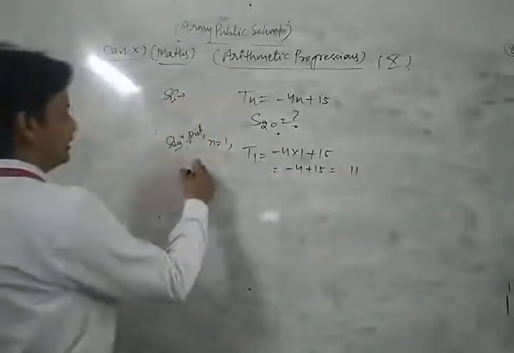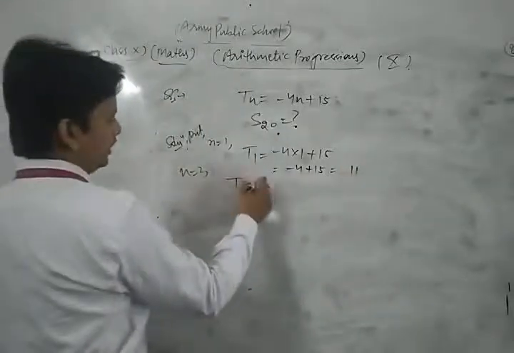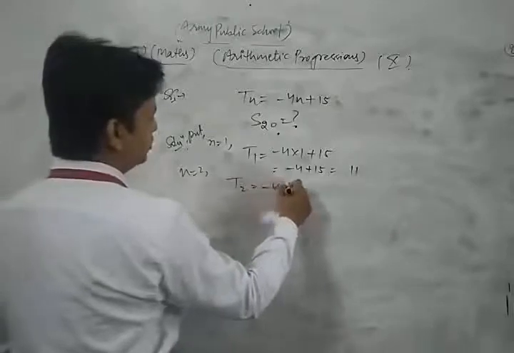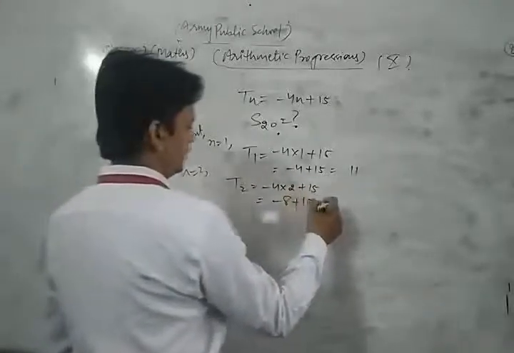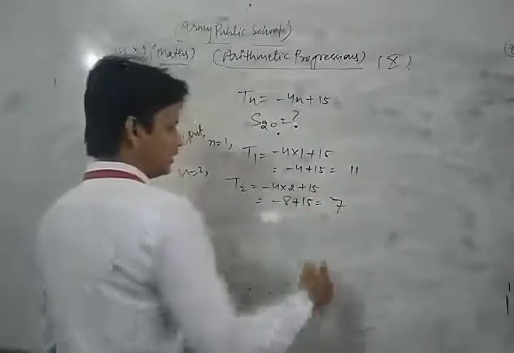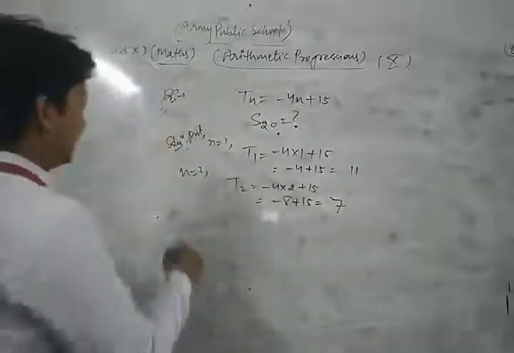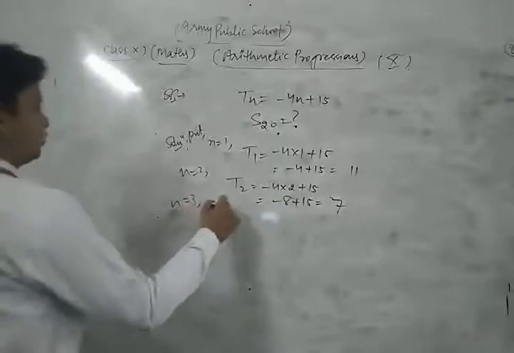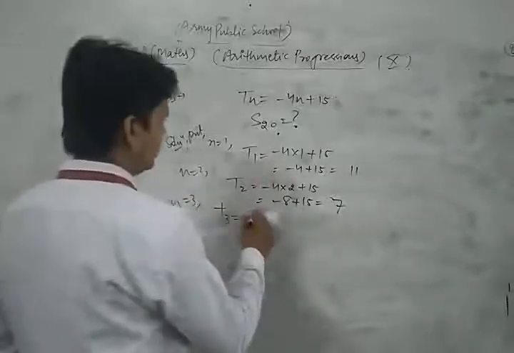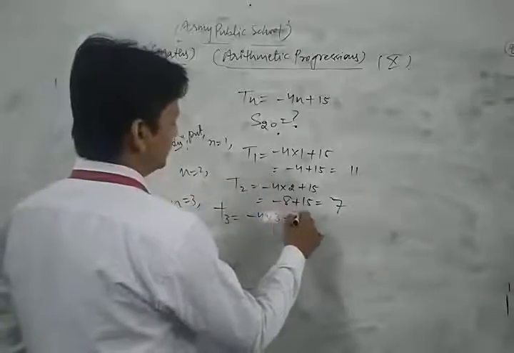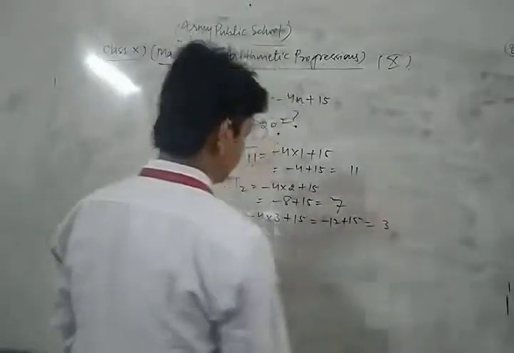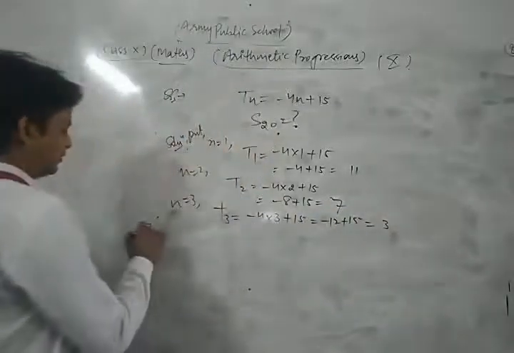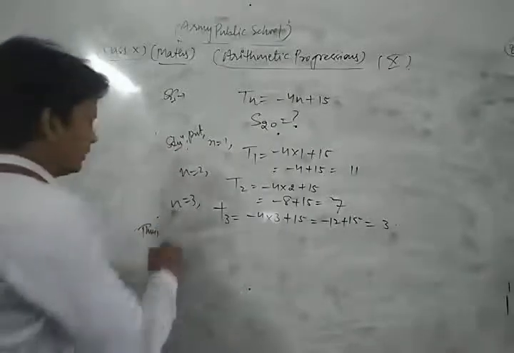Similarly, put n equal to 2: the second term is minus 4 into 2 plus 15, minus 8 plus 15, which is 7. Put n equal to 3: minus 4 into 3 plus 15, minus 12 plus 15, which is 3.